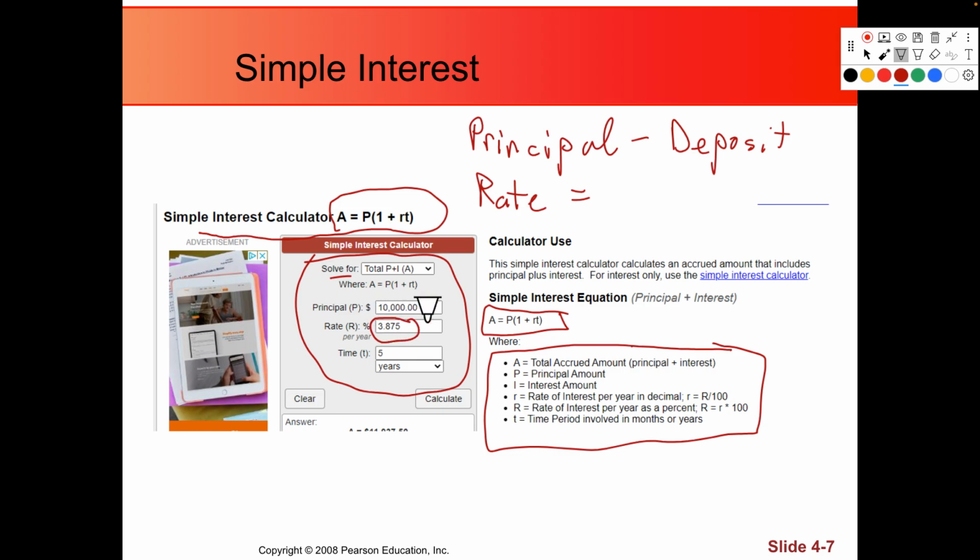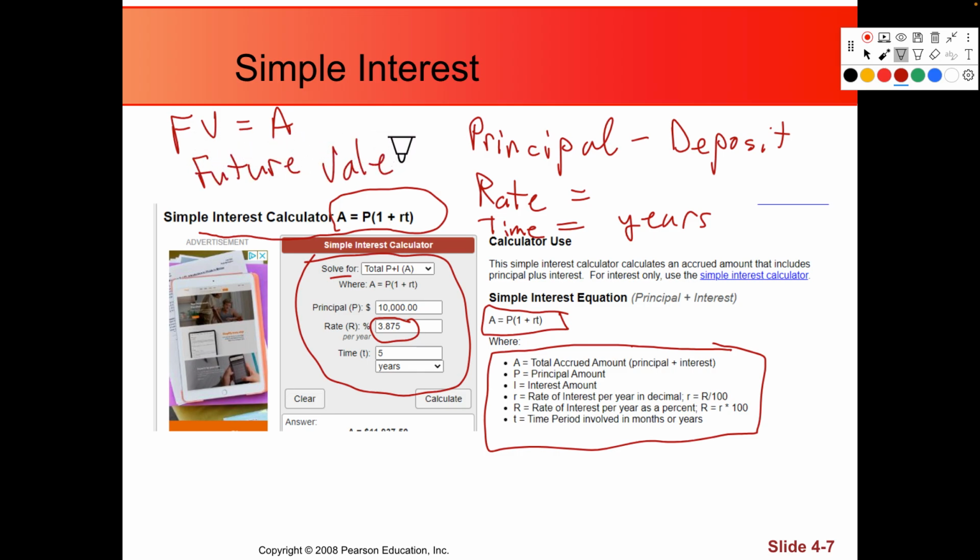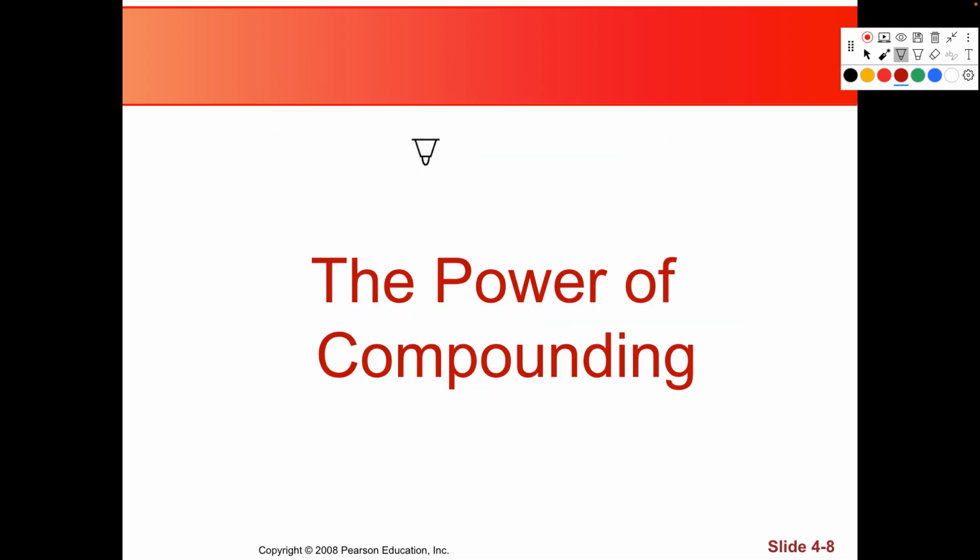So this is 3.875%, and that's the percent you're getting back on your money. And it always has a time factor, usually in years, of how long it's left on deposit. And once we put those in, we get a future value or an accumulated value, and of course with savings what we're looking for is that amount to grow and be there for us.